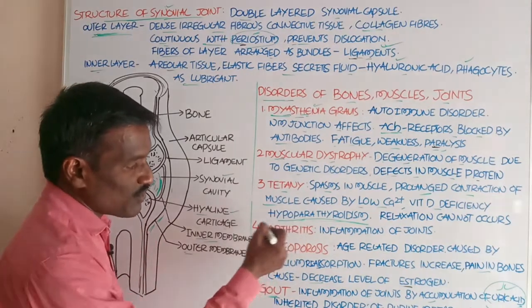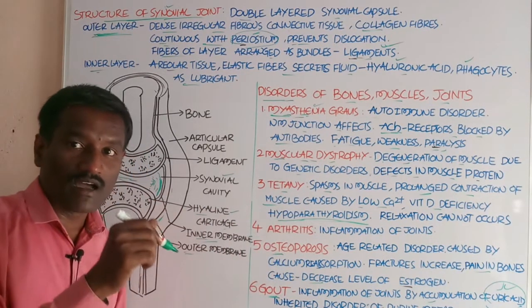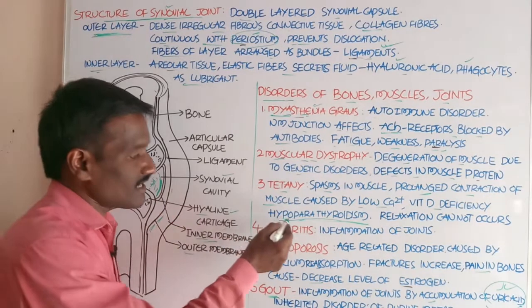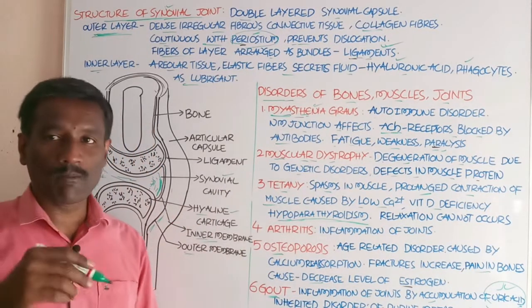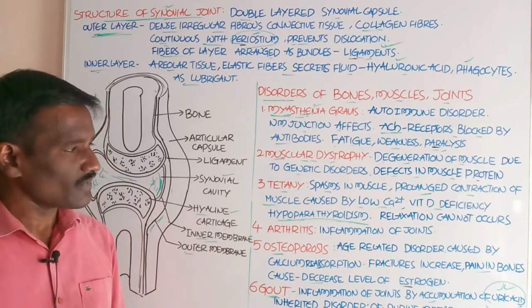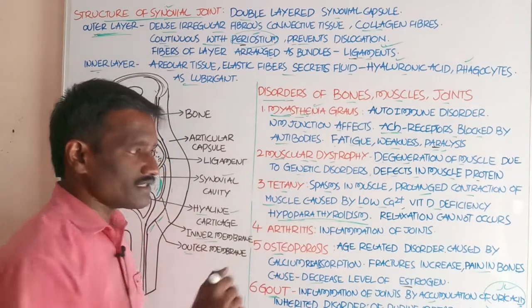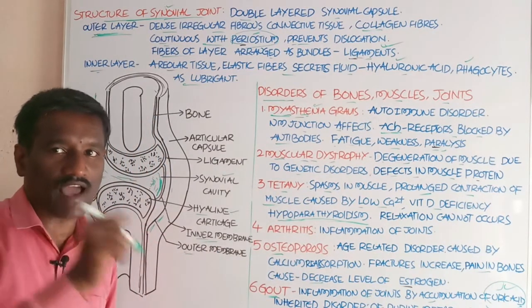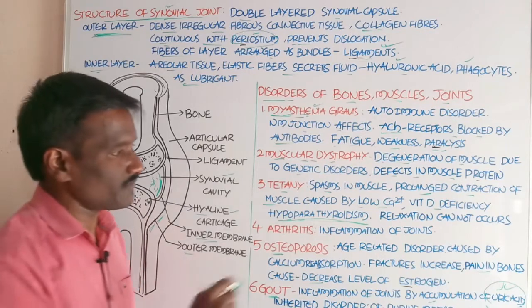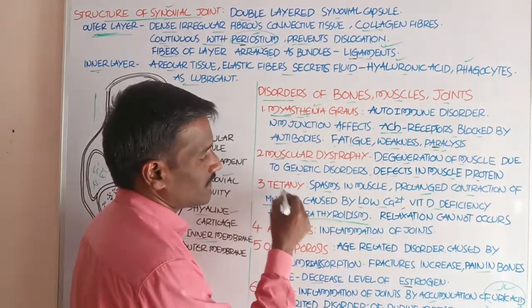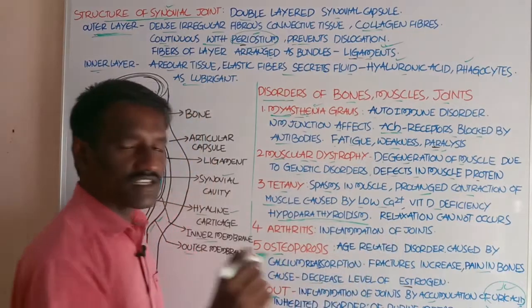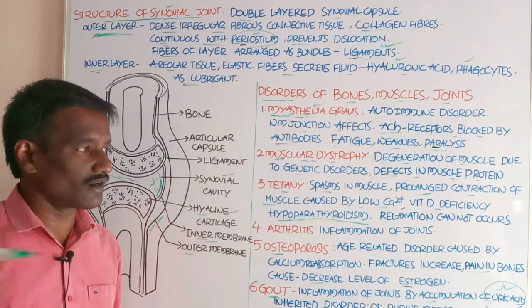When parathormone is not secreted by the parathyroid gland, that condition is called hypoparathyroidism. Okay student, this decreases the level of calcium in the body fluids, and in tetany, relaxation of the muscle cannot occur.